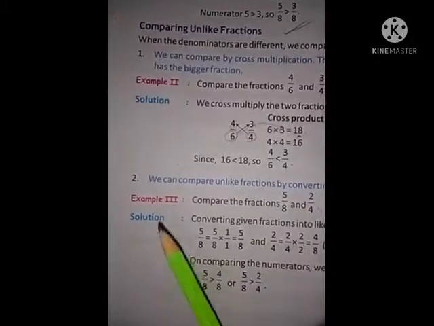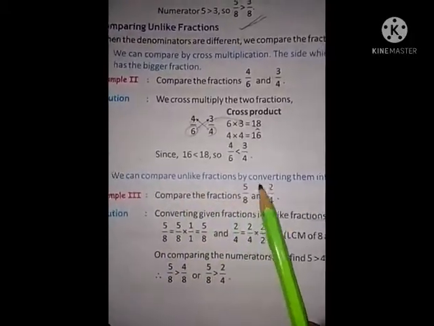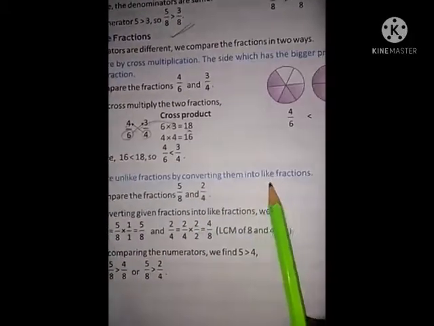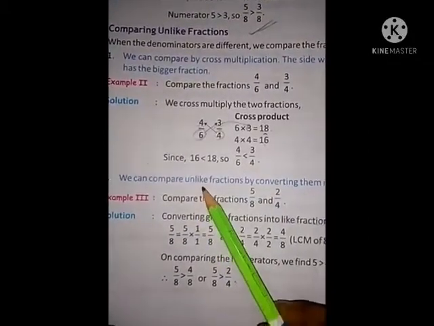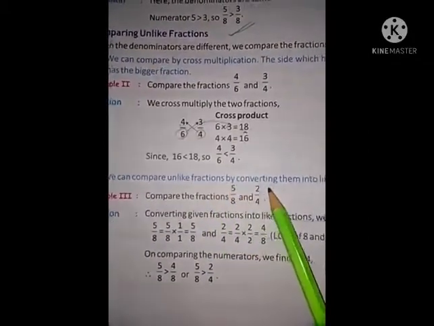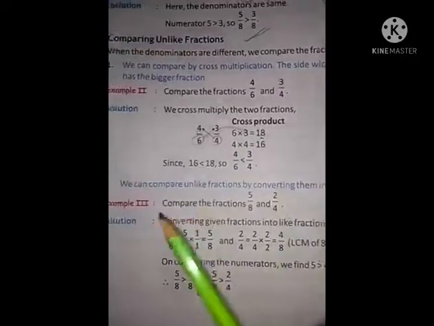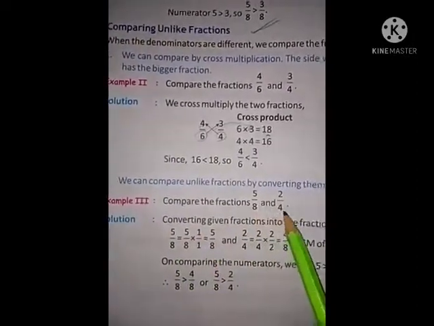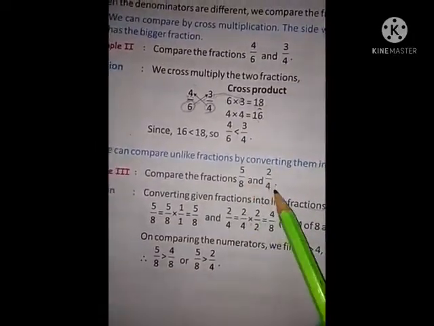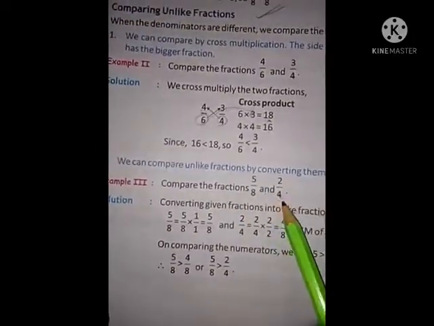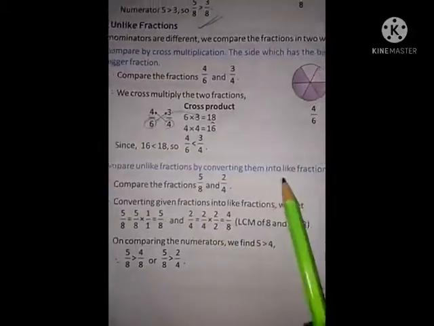Now we can also compare unlike fractions by converting them into like fractions. See example, these are unlike fractions, right? Because they have different denominators, so we have to convert them into like fractions.